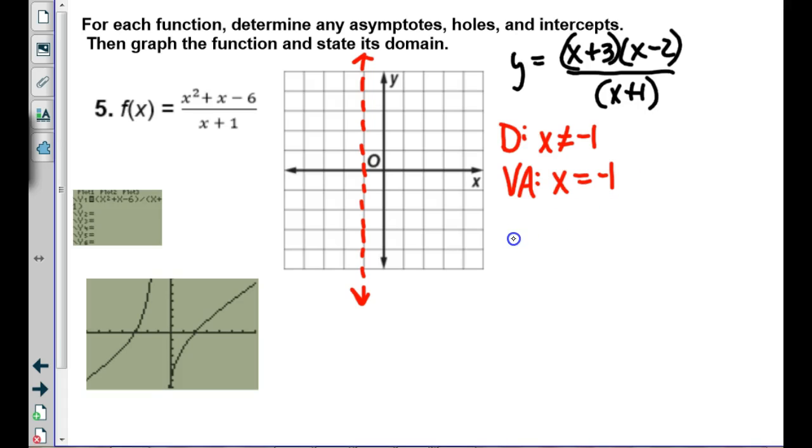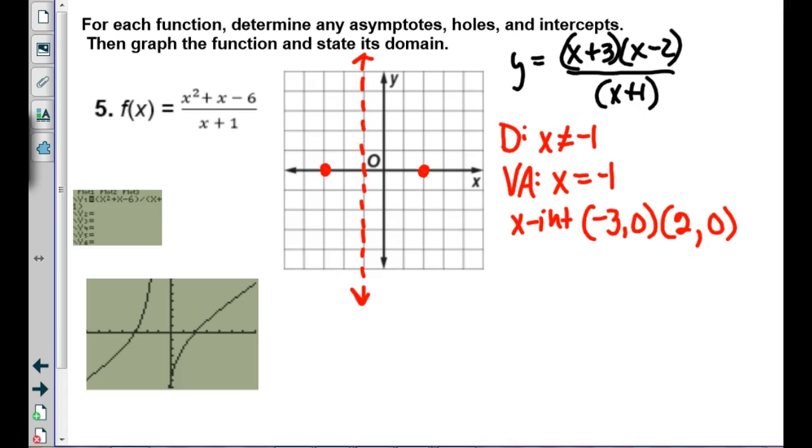All right. Next thing is x-intercept, maybe? Is that what's next? X-intercept. How do we do that again? Top is 0. Yep. So where are the x-intercepts? -3, 0, and +2, 0.